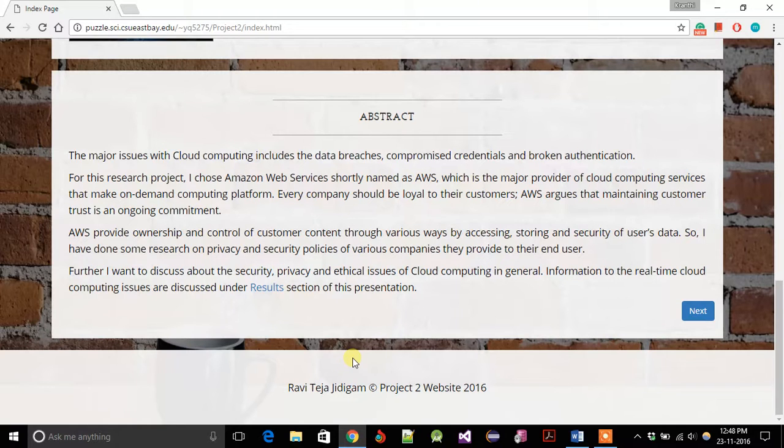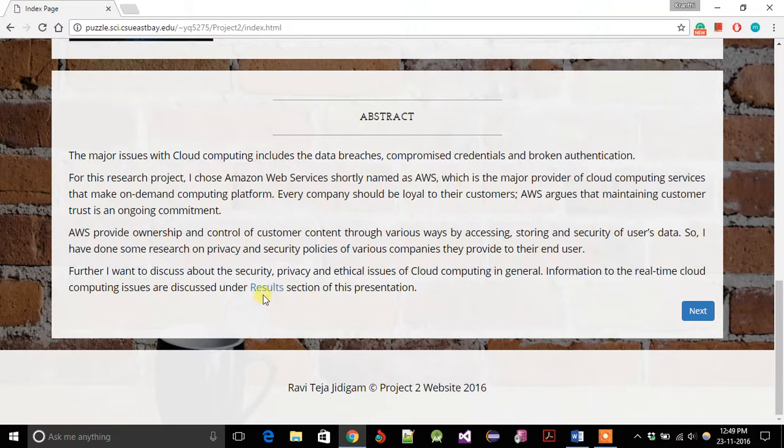AWS provides ownership and control of customer content through various ways, by accessing, storing, and securing user data. I have done some research on the privacy and security policies of various companies they provide to their end users. Further, I want to discuss the security, privacy, and ethical issues of cloud computing in general, and this is described in the results section.